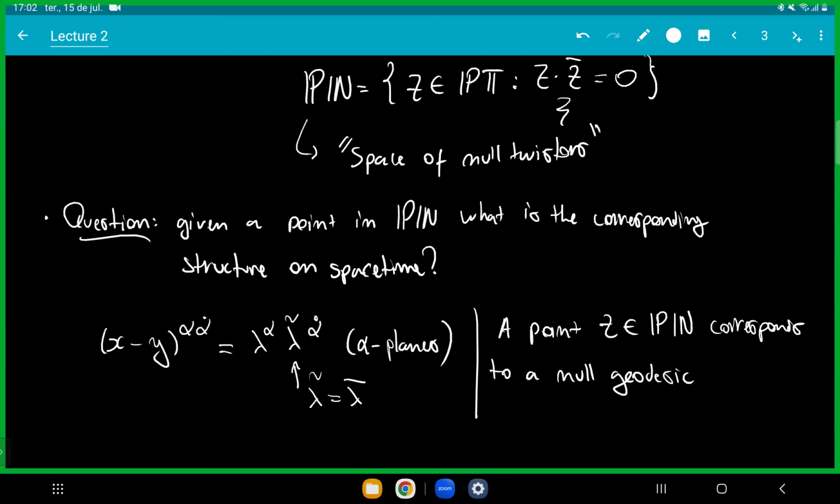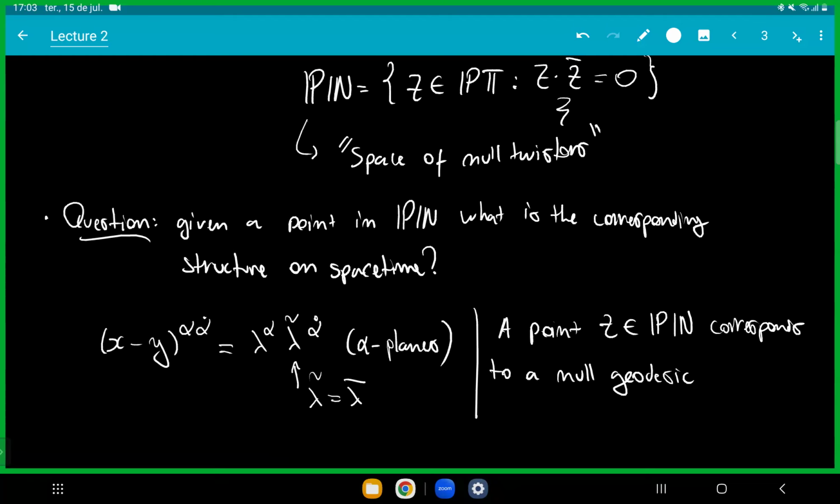If you fix one of them and vary the other when you're taking the product, you get a plane. Oh, think about spheres. Okay, it's fine. These things are kind of hard to visualize, like I said.